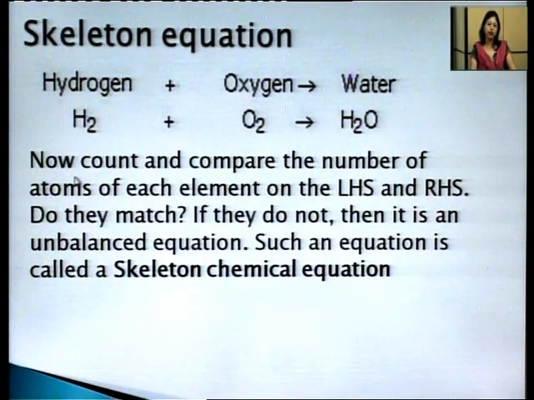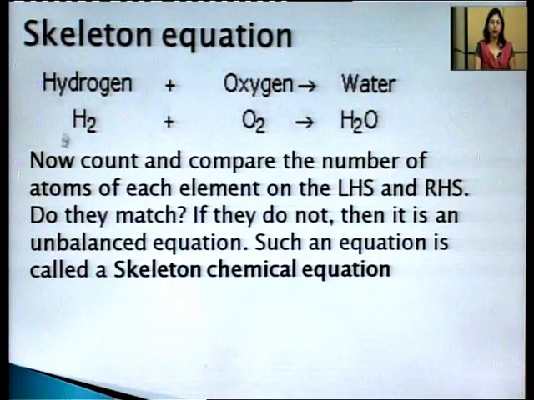Next step is, now we have to count and compare the number of atoms of each element on the left hand side and right hand side. Let us compare the number of atoms of each element on both sides of the arrow. On the left hand side, there are 2 atoms of hydrogen.